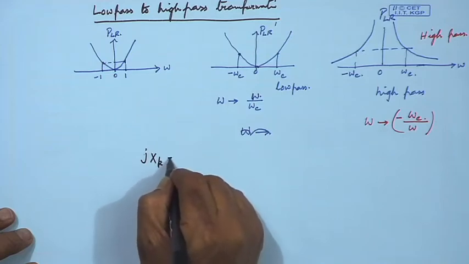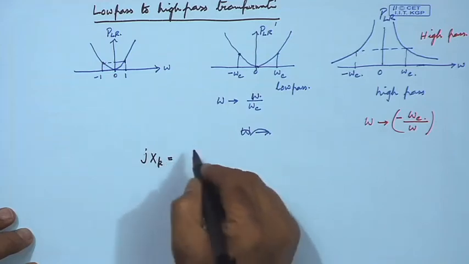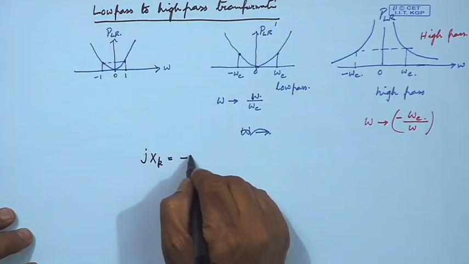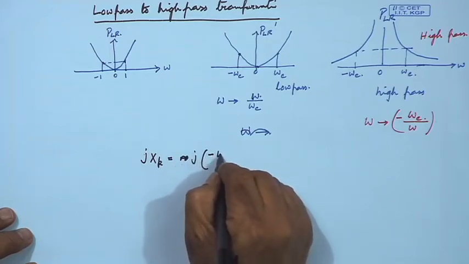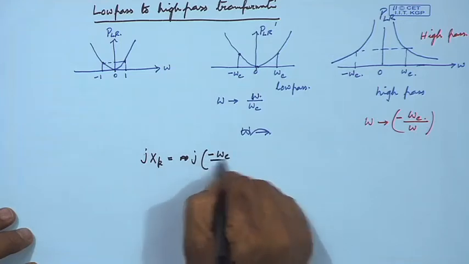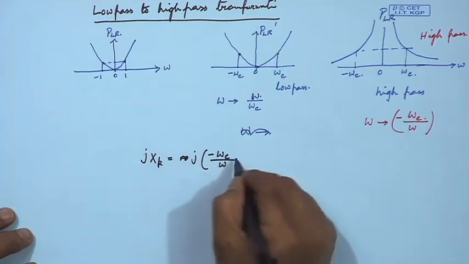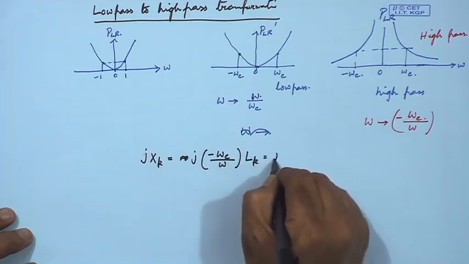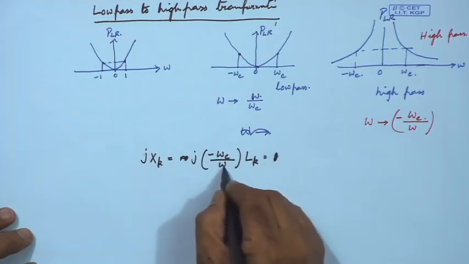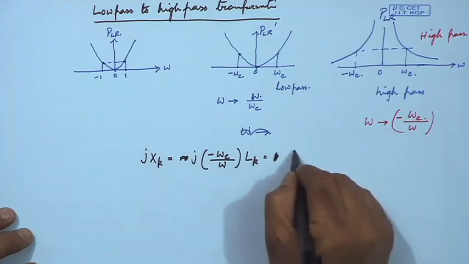So, again j X k, which I will now write as j of minus omega c by omega L k, and that I will give a name. So, it is obvious that omega has come here, so this has become a capacitance.